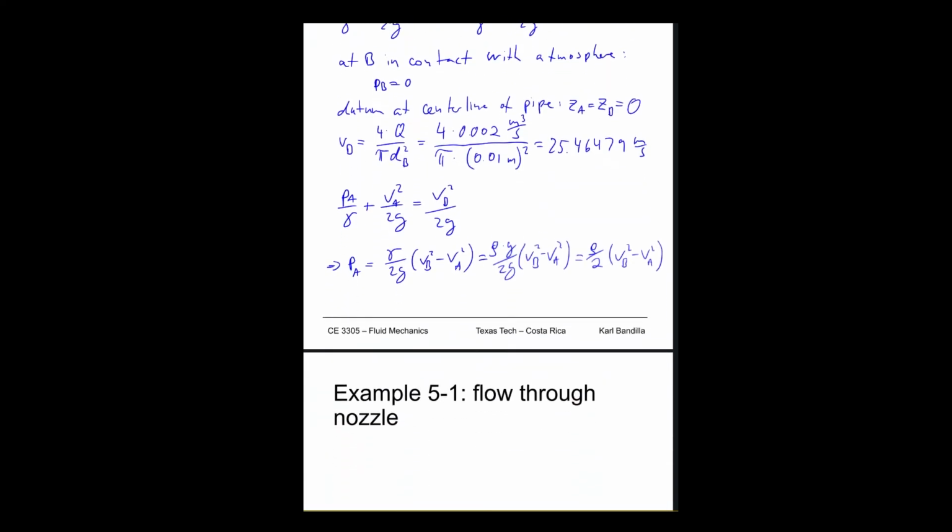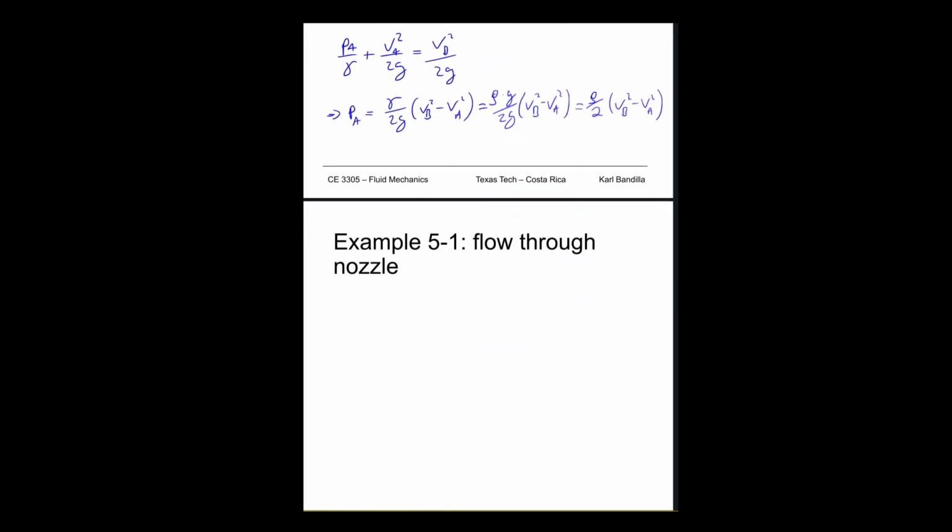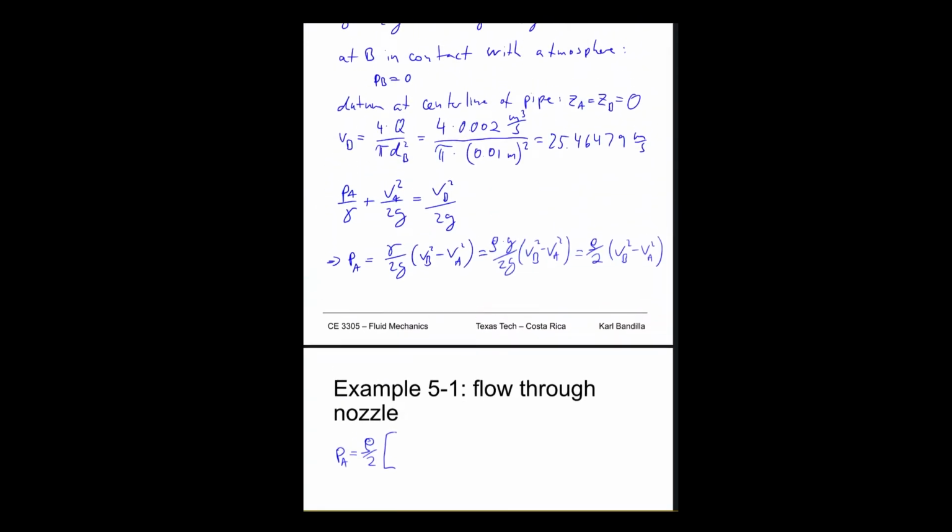All right, let's give us a little more space here. So that means PA is equal to rho over 2, and then in square brackets, our VB we have somewhere up here.